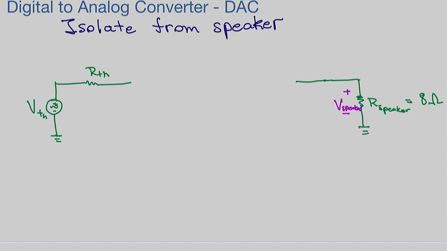Now, the op-amp. First, I'm going to make a big op-amp here to remind you of the symbol, because it's still a relatively new thing for us. So the op-amp will be something like this, isolating the DAC and the speaker. What are we going to have in our op-amp?